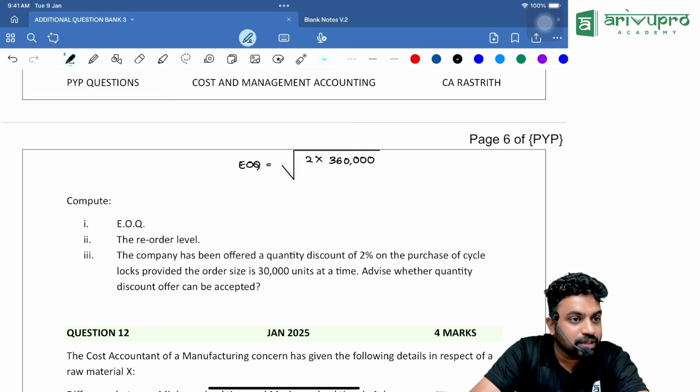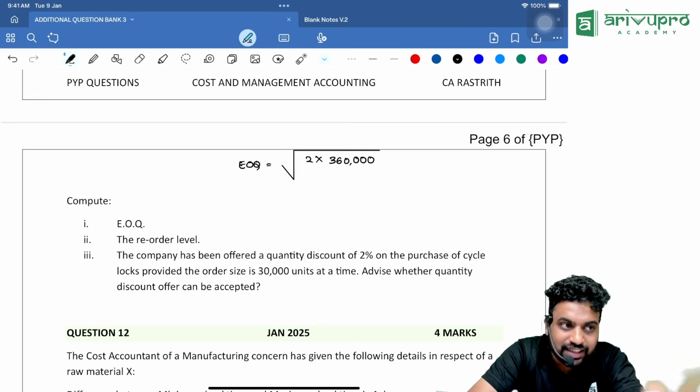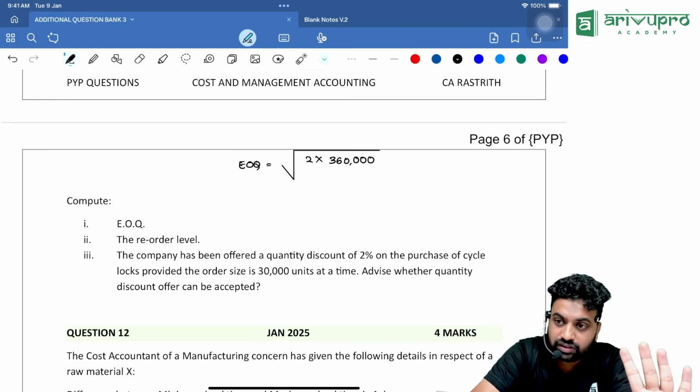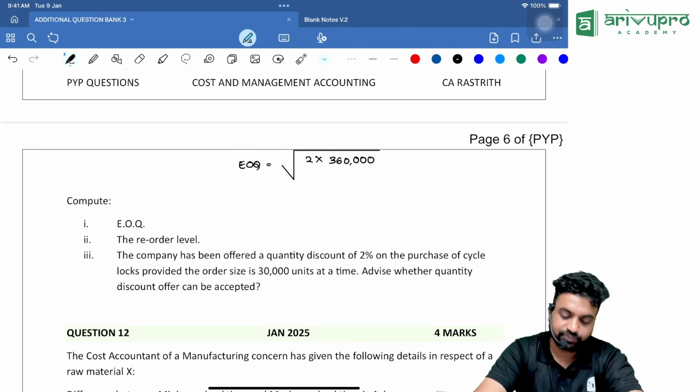Whereas minimum stock level, maximum stock level, reorder level, average level, danger level, all those are on the basis of consumption, so there you take units to be consumed, not units to be purchased. While computing EOQ or ROQ, it is units to be purchased. In all other cases, it is units to be consumed. If you remember, I told this on the first day itself when doing these levels.